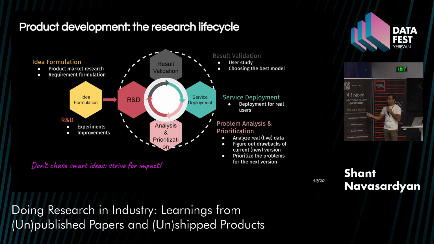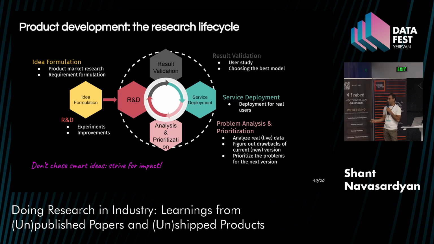And then we choose the best model among different versions, and go to the service deployment for real users. After that, we analyze the real live data. For example, it turns out that we are doing A/B testing and the A/B was lost, and our new model, which we were expecting to be better, actually is not the good one. And about that I will talk a bit later.